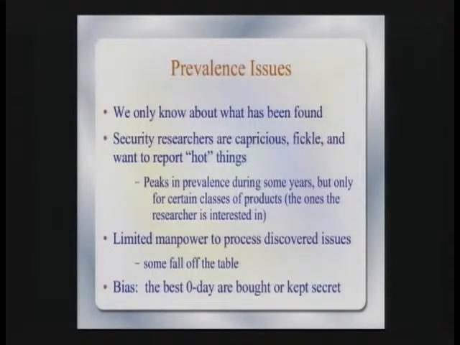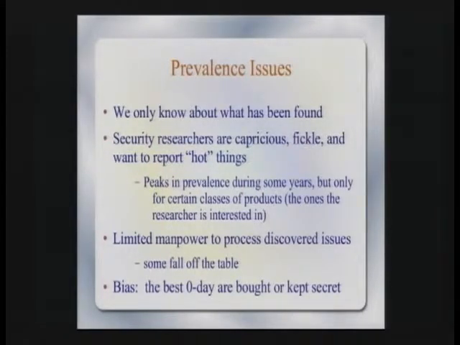Then there's limited manpower to process discovered issues, to look everywhere in the world for information about someone finding a vulnerability. So some don't make it into the list of known vulnerabilities. And then the best ones are kept secret. We don't even know about them. They're sold on a market.